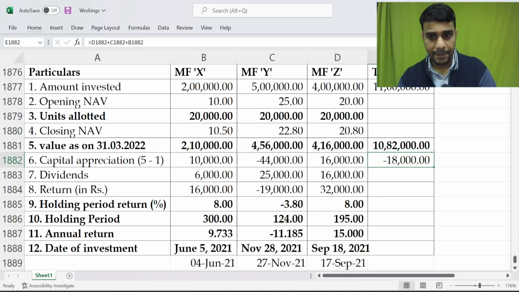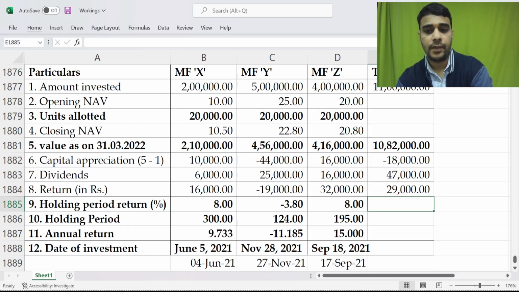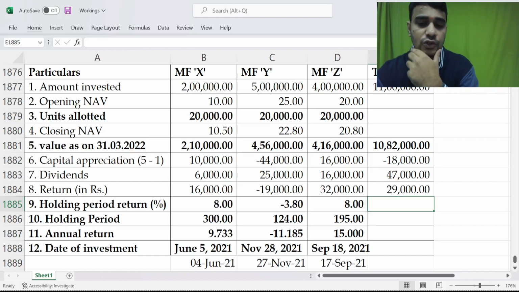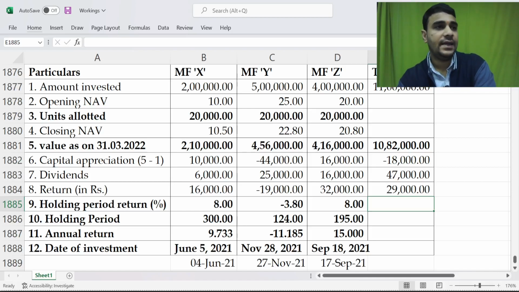Put a total for capital appreciation, dividends, return in rupees. So the total return in rupees is 29,000. The total return which we have earned is 29,000.